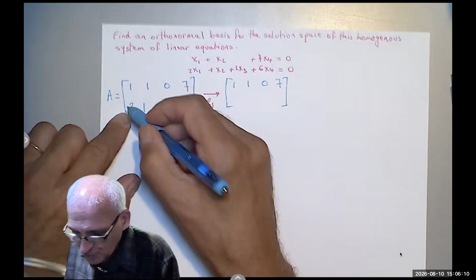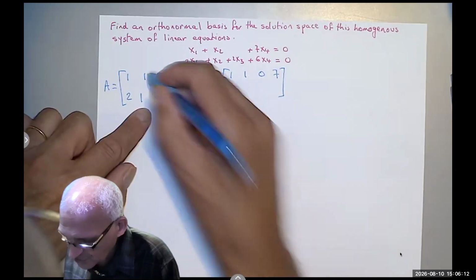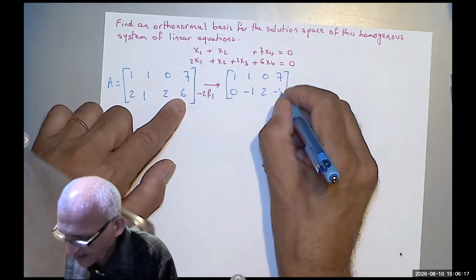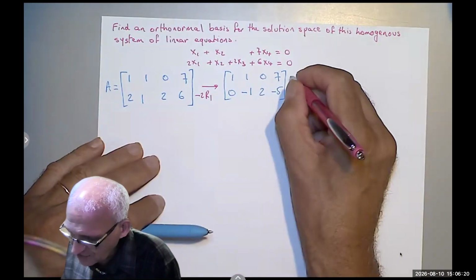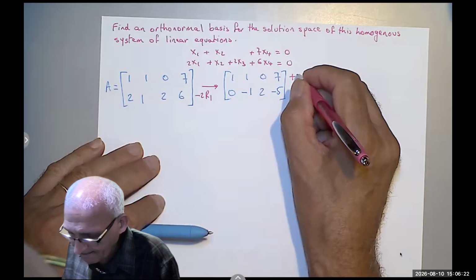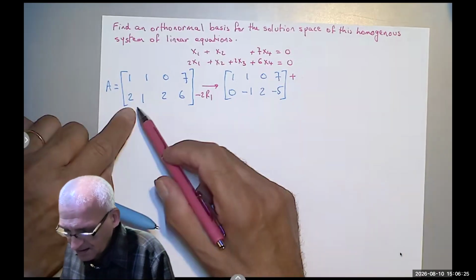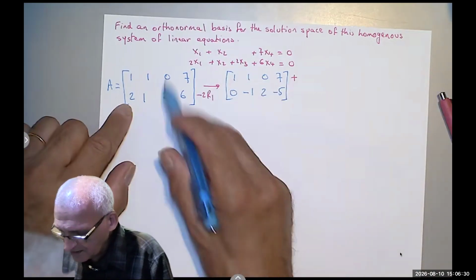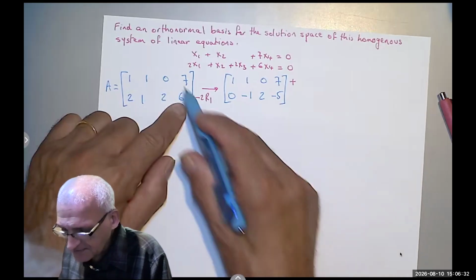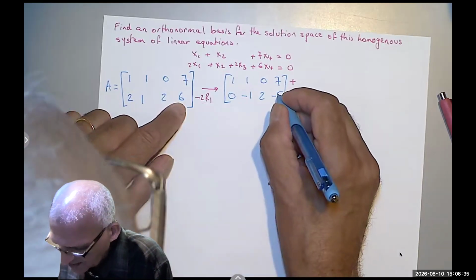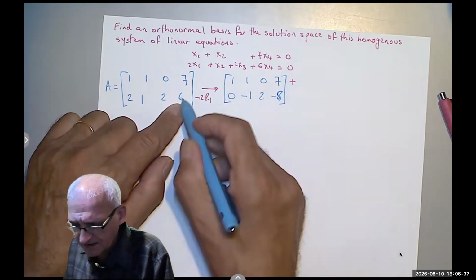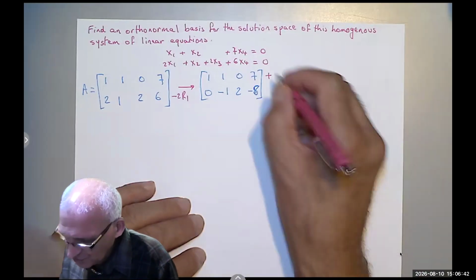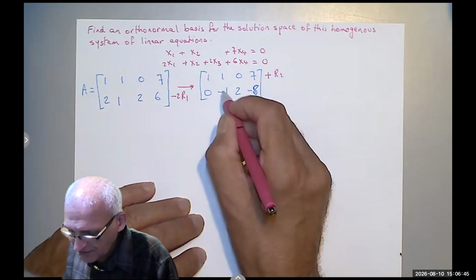The second row is 2 minus 2 is 0, 1 minus 2 is negative 1, 2 minus 0 is 2, and 6 minus 12 is negative 6. Oh wait, I multiply the 6 by 2, not the 7. Sorry. Then I'm going to add R2 to get rid of this.